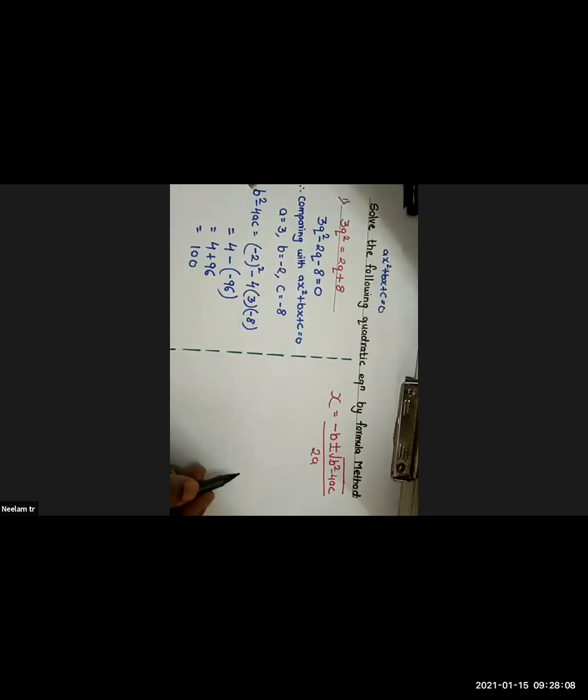Now you got the value of B square minus 4AC. Why are we taking plus or minus? Because the square root will give 2 roots. One root will be in plus, one root will be in minus. The value of the roots will be 2. That's why we are taking here plus and minus.